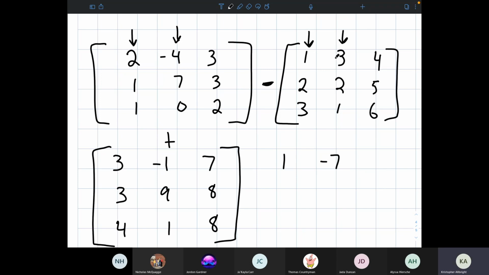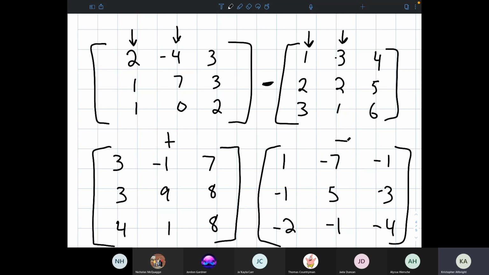Then -2, then -1, -4. And -1 is 0 minus 1. Then 2 minus 6 is -4. So if we subtract, we get this. If we add, we get this. Pretty simple stuff.